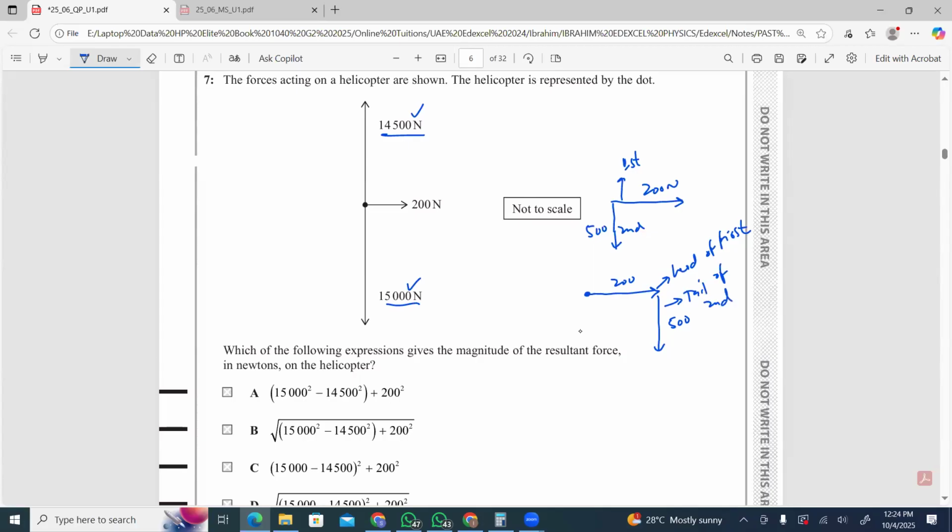And when I do that for all the vectors, similarly, if I had three, I will connect the tail of the third vector to the head of the second, and so on. So the result is always obtained when you connect the tail of the first to the head of the last.